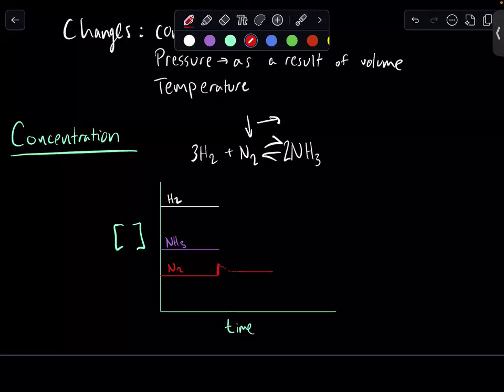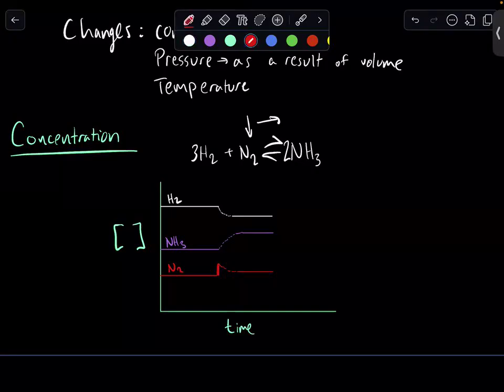We may end with more nitrogen than we started with in the chamber, but Le Chatelier's will try to minimize that difference. Now, if the reaction is shifting forward, we are going to be increasing the amount of ammonia, and so we may have more final ammonia in our chamber. Furthermore, because the reaction is progressing forward, we will decrease the amount of H2 and thus end with less H2 than we started.